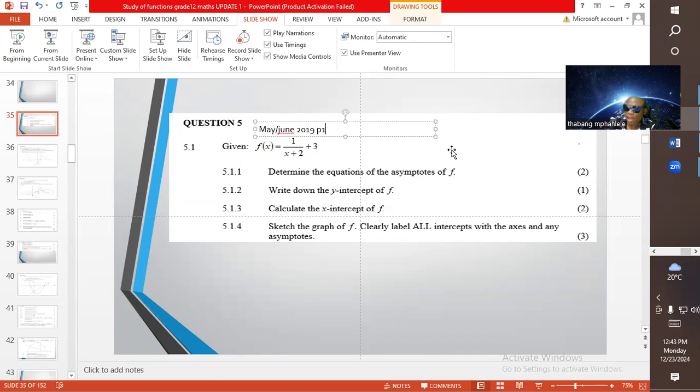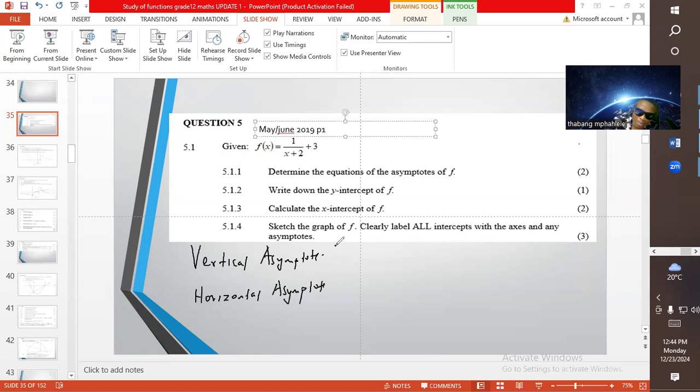Since f is a hyperbola function, it has two asymptotes. It has the vertical asymptote, and it also has the horizontal asymptote. When I'm talking about the vertical asymptote, I'm talking about the x asymptote, the asymptote that will cut the x-axis.